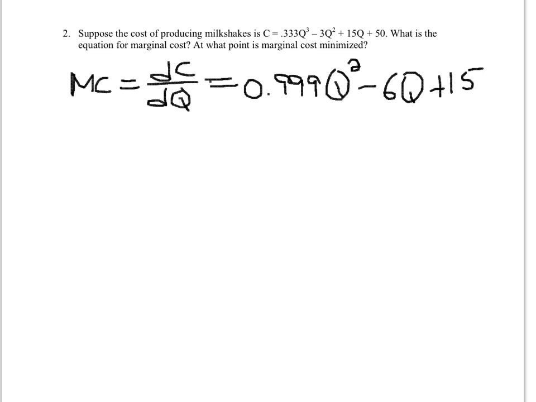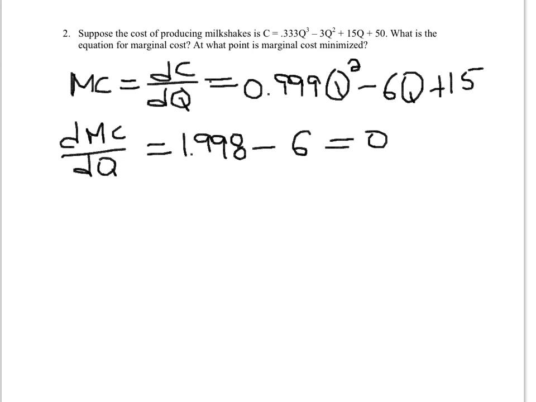And then at what point is it minimized, the lowest point of the marginal cost curve, you take the derivative of the marginal cost curve and then make that equal to 0. So that's 2Q minus 6 equal to 0.